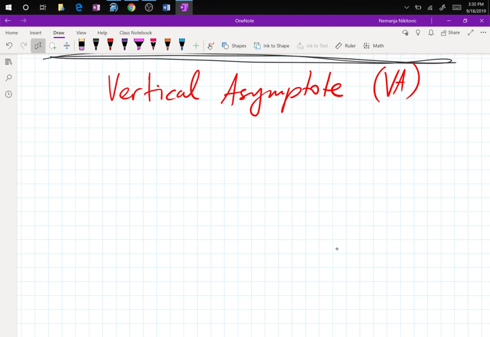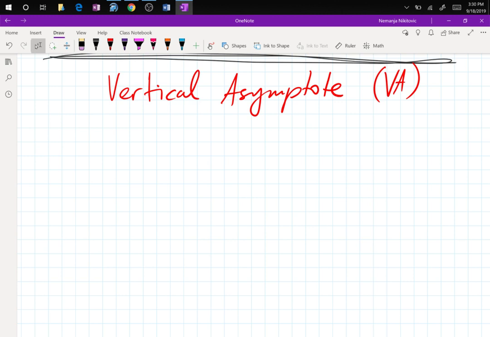You know what it is. It's this vertical line that the function cannot go through, right? There's a wall there, you can't go through it. I mean, but let's say you can. So, vertical asymptote would be the vertical line that the function cannot cross, but that's the street definition, right?